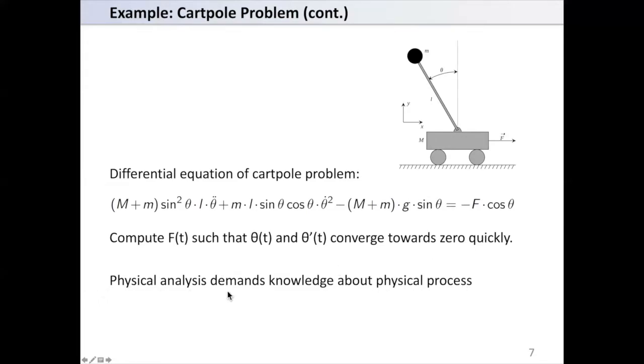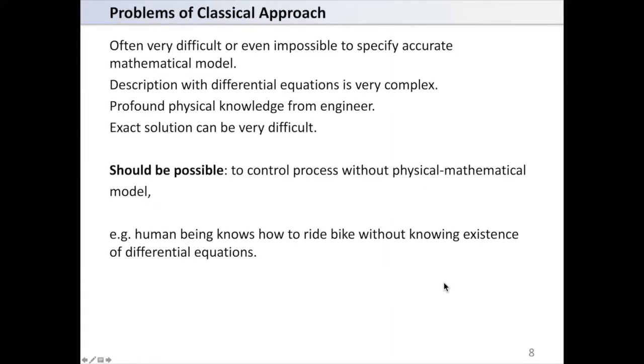However, physical analysis demands knowledge about the physical process. It is often very difficult or even impossible to specify an accurate mathematical model. Description with differential equations is very complex. Profound physical knowledge from engineers is needed. An exact solution can be very difficult.